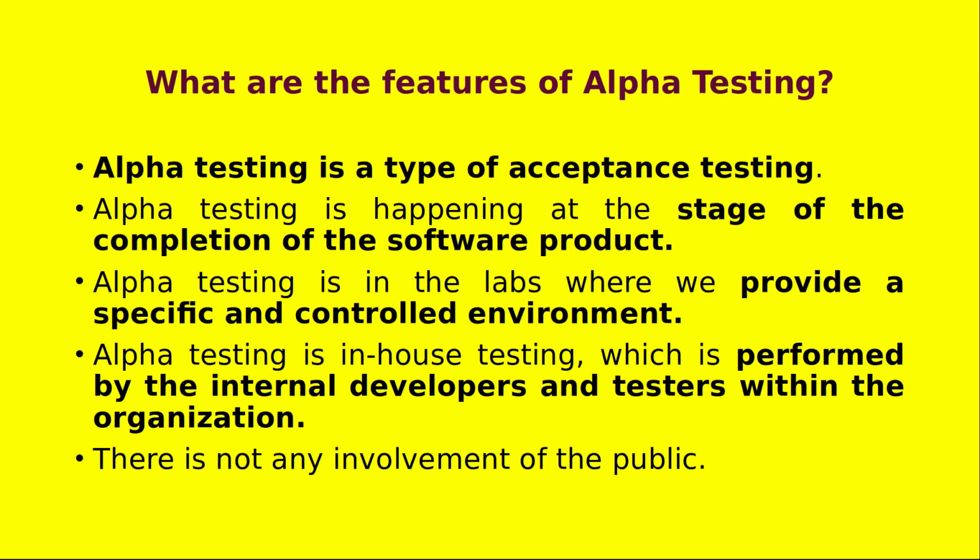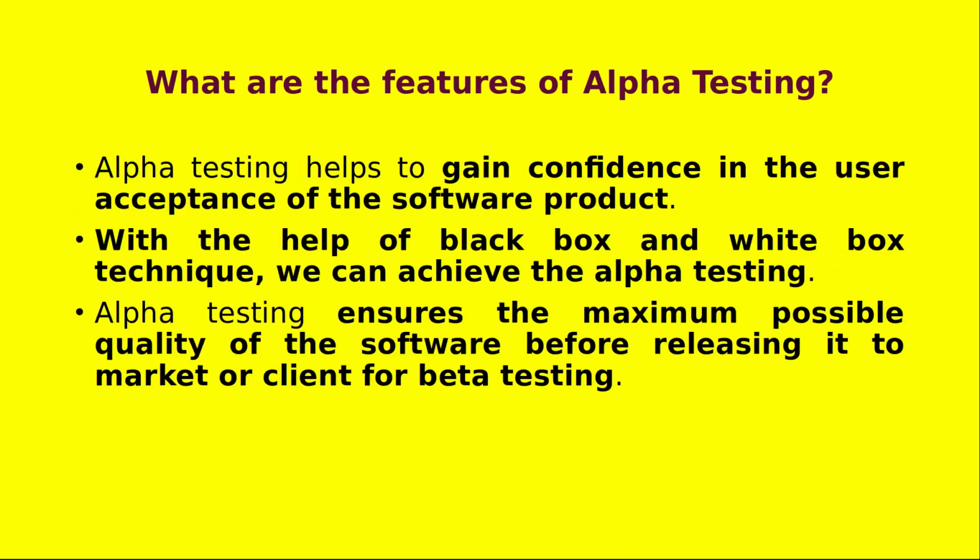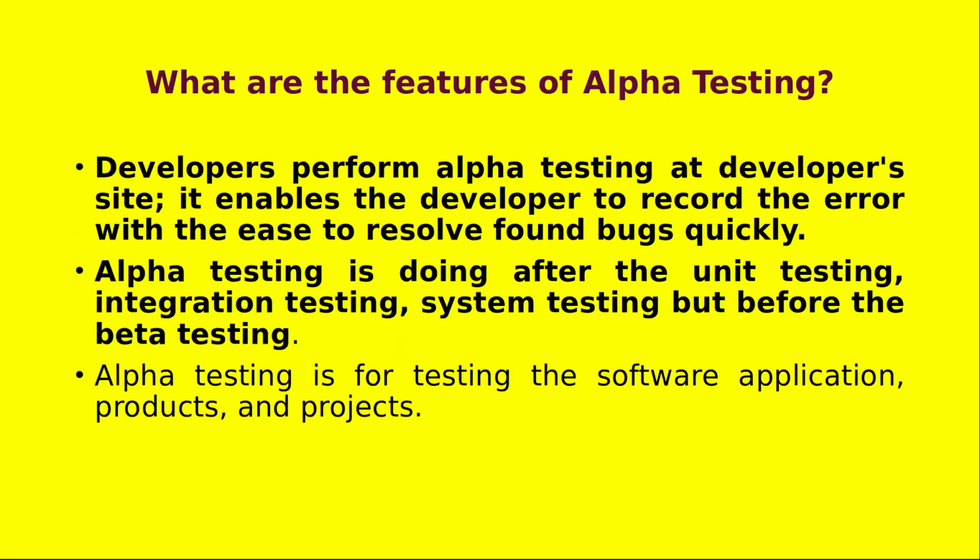These are the general points. Alpha testing consists of two types of testing: black box testing and white box testing. Depending on the user's requirements, we do both black box testing and white box testing.